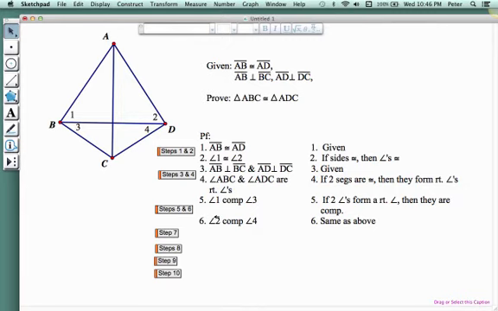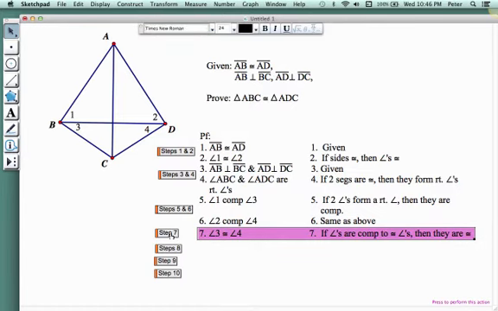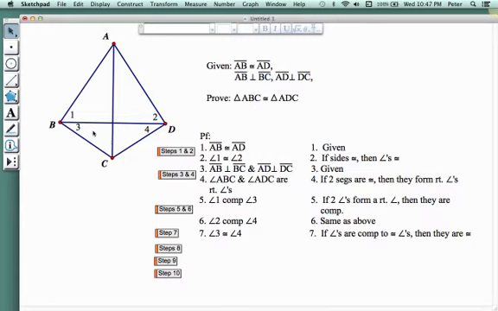Pause the video if you need to. Alright, I hope you recognize that angle 3 must be congruent to angle 4, because if angles are complementary to congruent angles, then they are congruent. So now that we have 3 and 4 congruent, what conclusion can we draw from that? Pause the video and figure out what the next step might be.